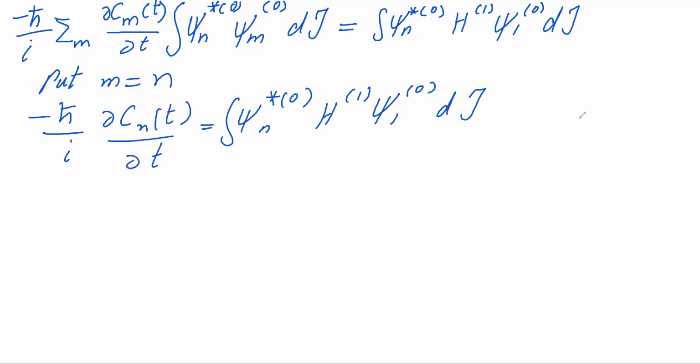So this is equation number 6. Here the summation sign has been removed because we have considered a particular value for m.